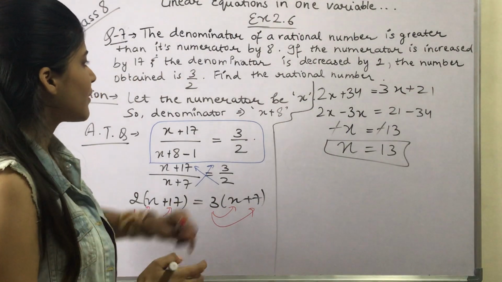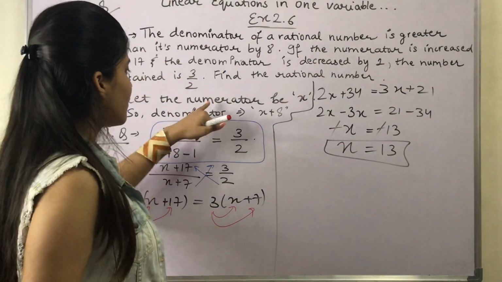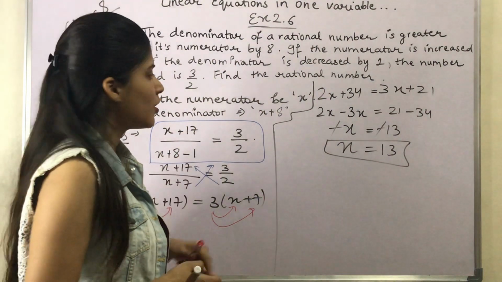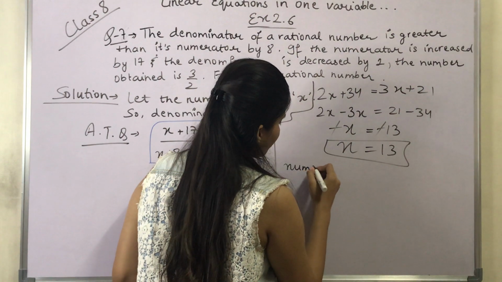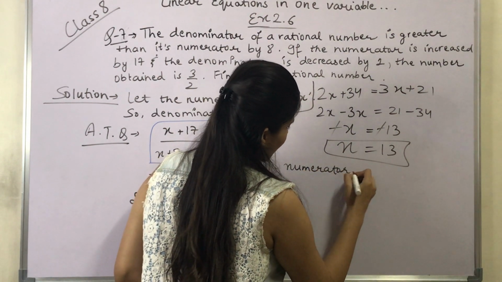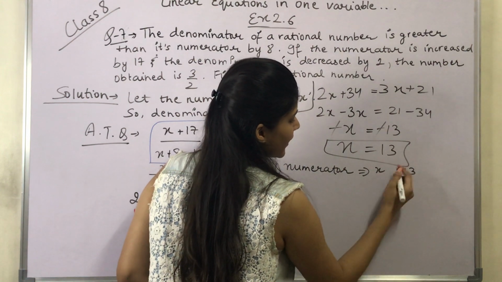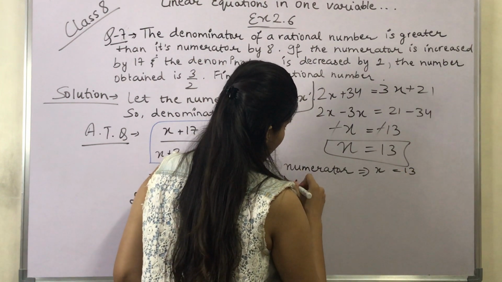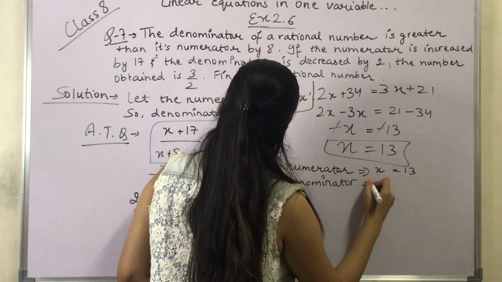But we have to find the rational number. So for the rational number we have to find the numerator and denominator. So numerator is x. It means numerator is 13 only and denominator is x plus 8, right?